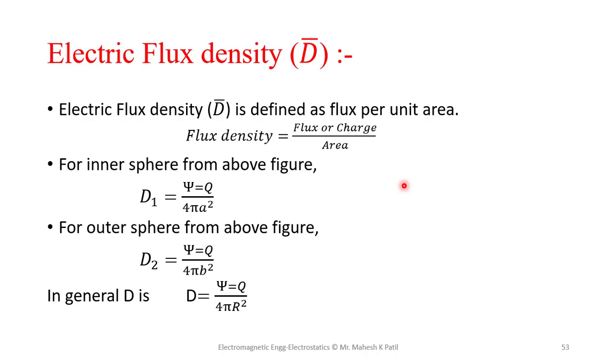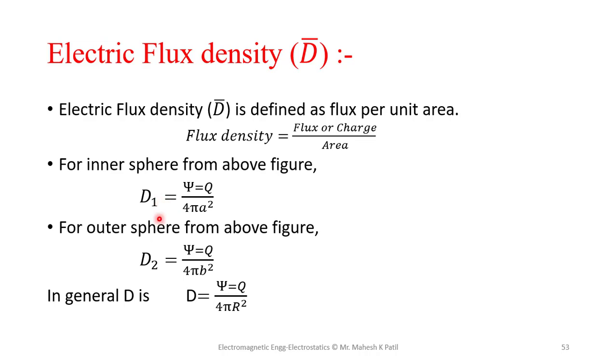So to differentiate, we consider the area: for how much area are we getting that flux? It is divided by that area, meaning we are calculating flux per unit area, which is flux density. So to differentiate how much flux we are getting from the same charge at different distances, we use the term flux density.